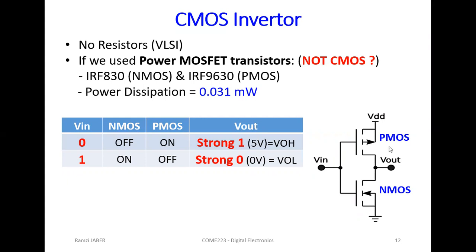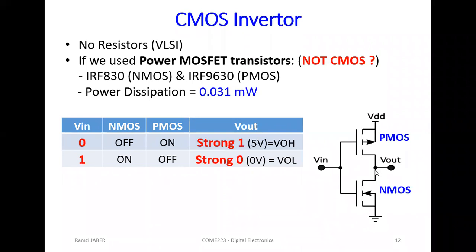Off means not existing, so you can imagine this part does not exist. We have only VDD and one transistor to the output, so no current here.